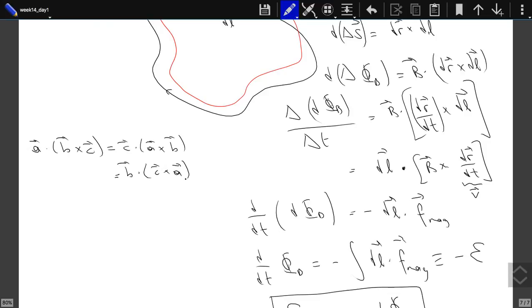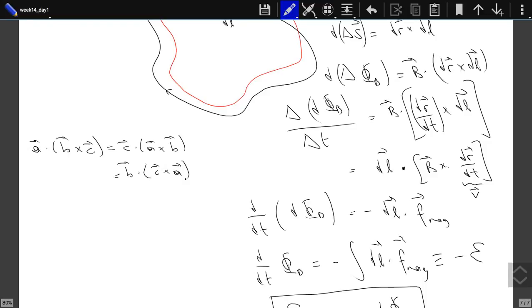So what I obtain is the rate of change of flux due to that very small segment is equal to minus dl, the vector along that segment, scalar product with the magnetic force at that point due to its velocity. Now I need to sum the changes in the flux due to the motion of all the segments.